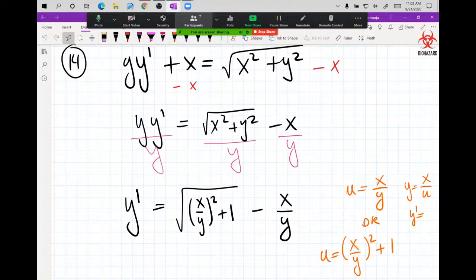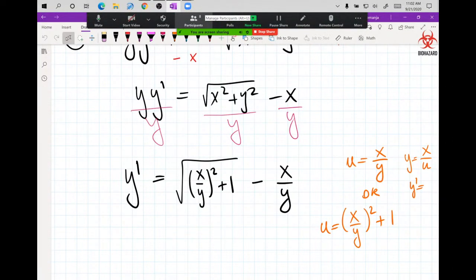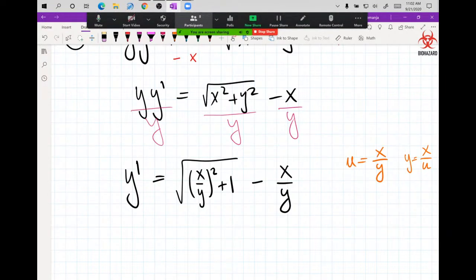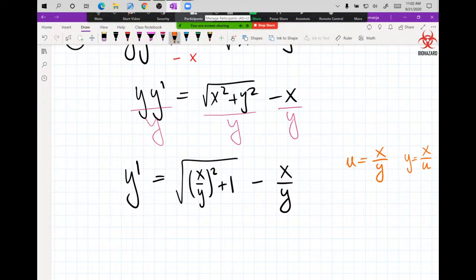Once we subtracted x and divided by y to get y prime alone, we came up with this method, where you substitute x over y this time rather than y over x. I asked you to try the top one first, and if that didn't work, then work the one on the bottom. So let's try the one on the top.